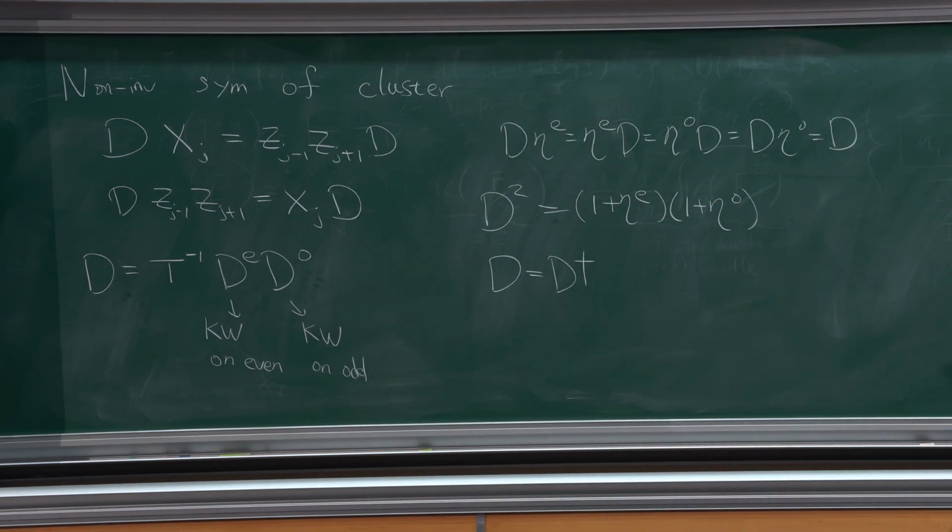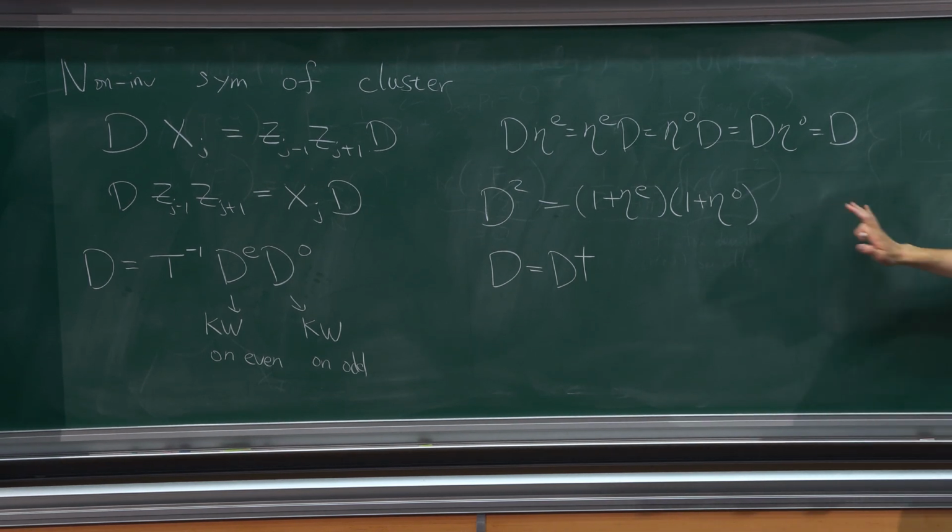Okay, so this non-invertible symmetry of the cluster model is really as close to the continuum fusion category as possible, unlike the Kramers-Wannier case, where it involves a lattice translation. So which fusion category is this one?